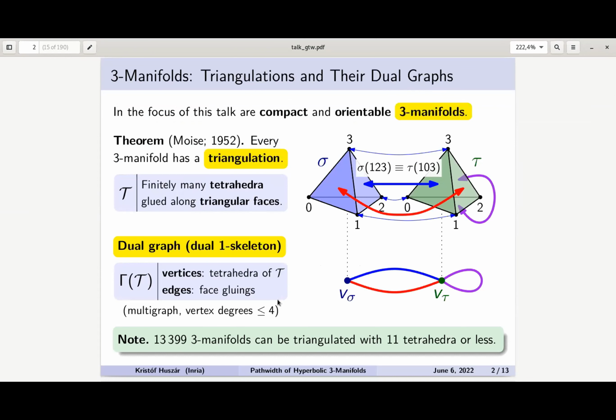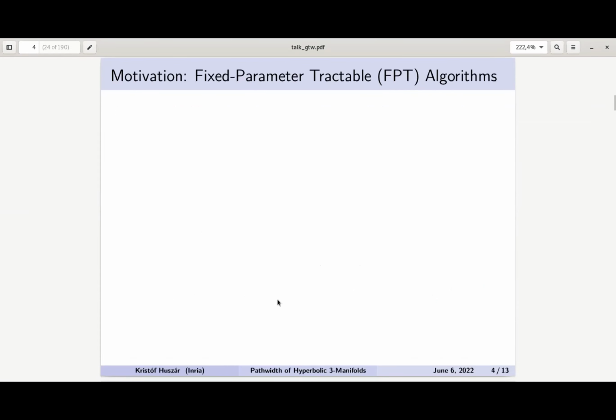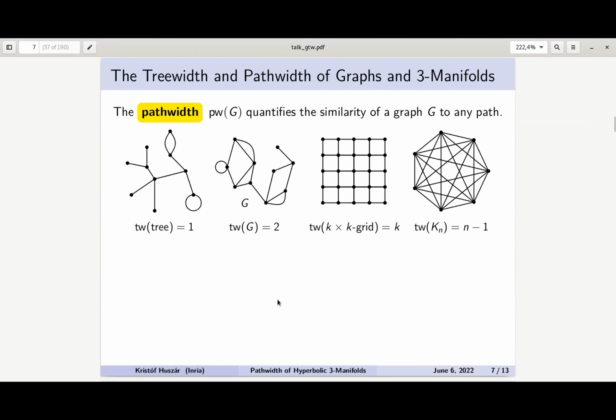So here, what I really mean by a tree is that once you erase all multiple edges and all loop edges, the remaining part of the graph should be a tree. So in this sense, I understand trees in this slightly more general sense. Of course, you can also have leaves and you can have a normal tree if you consider an appropriate triangulation.